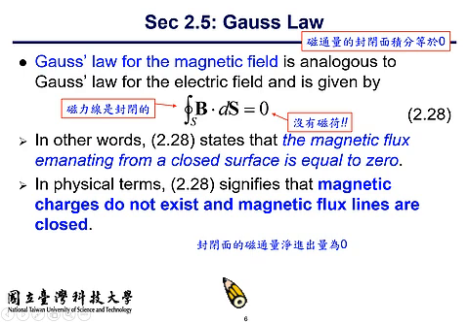Why? Because the magnetic field lines will form a loop. So every magnetic field line goes into the space and goes out of the space.